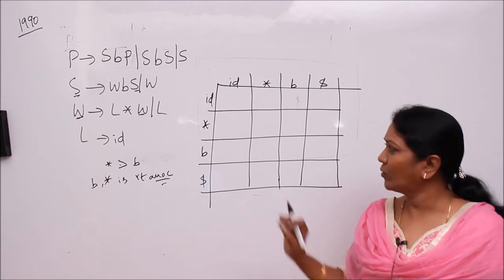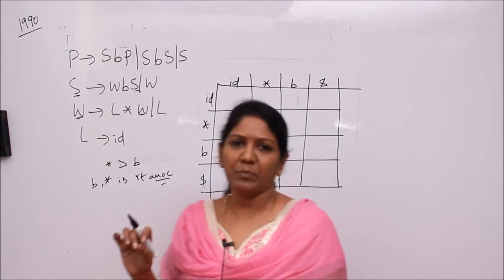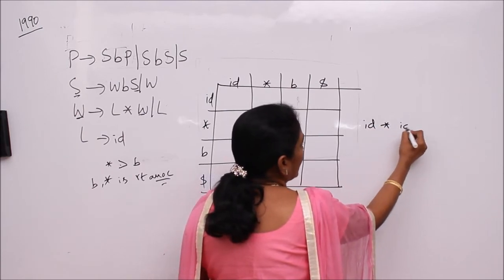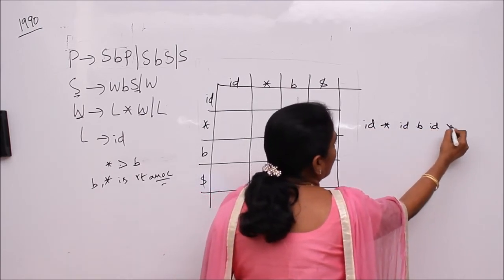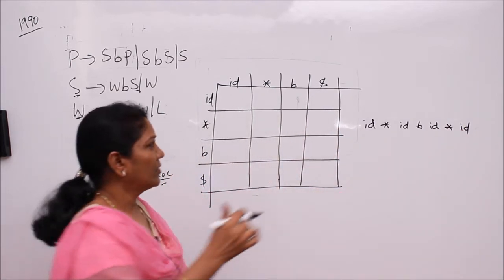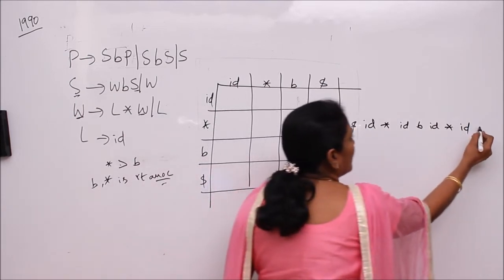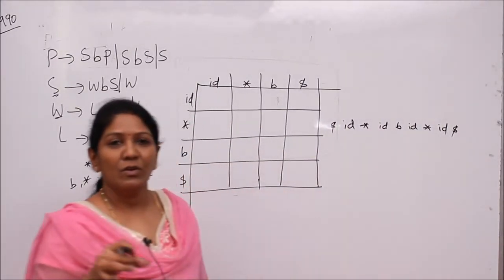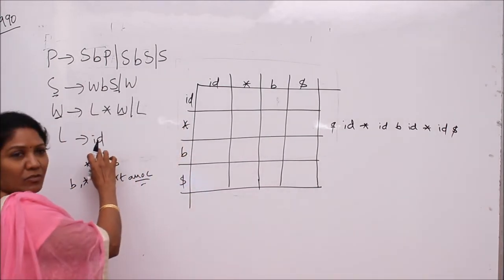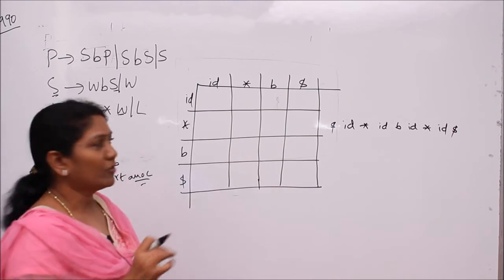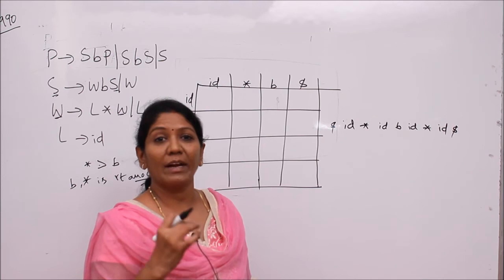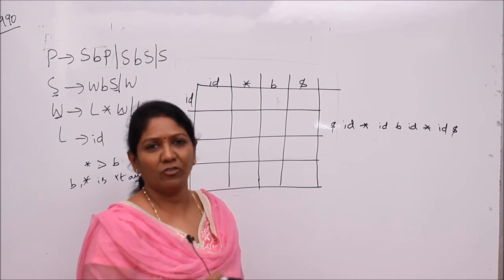Let's prepare the table. How do we prepare the table? Take some input string. Let me take an input string something like id star id blank id star id, because I need to parse this input string. What is the procedure I said? It's reverse engineering now. So take this between two symbols. Here what is the first handle that is to be reduced? id has the highest precedence, so the simplest handle here is id. So at the first level all ids are to be reduced. If I want to ensure that all the ids are reduced at the first level, how do I ensure?